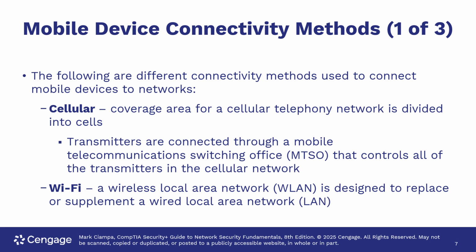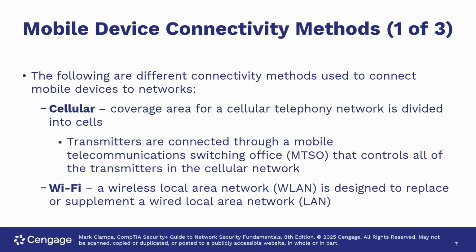If you've taken your network class and they talked about that, that's like the honeycomb structure. So you have transmitters that are connected through a mobile telecommunications switching office, or MTSO, that controls all the transmitters in that cellular network. You have Wi-Fi, also known as wireless fidelity.